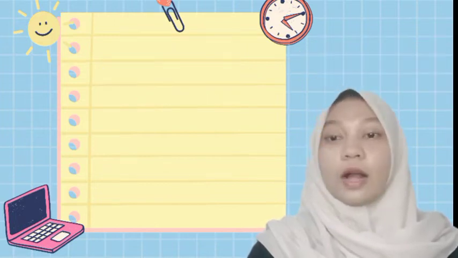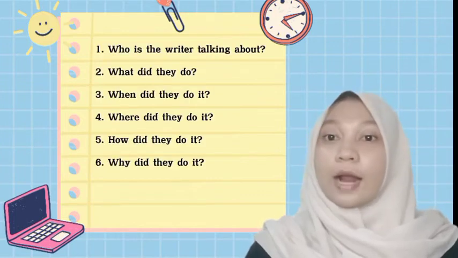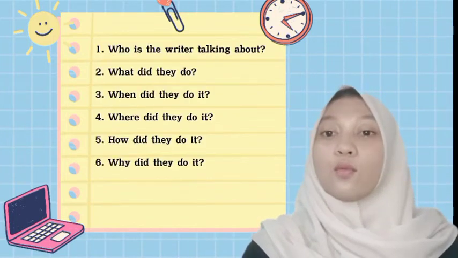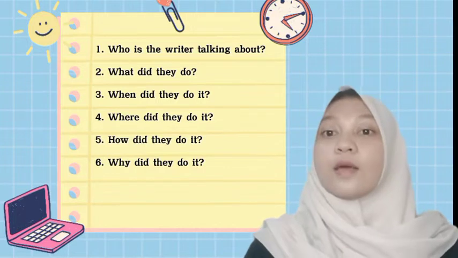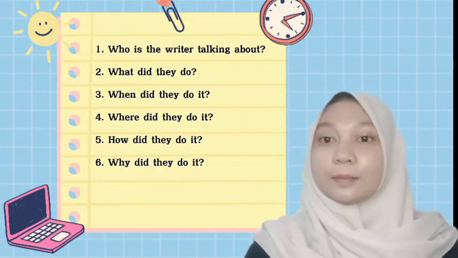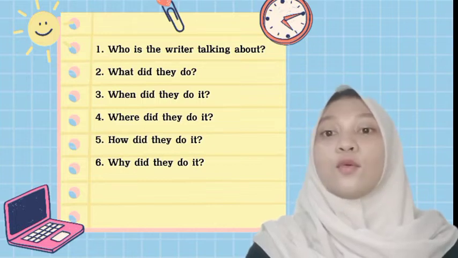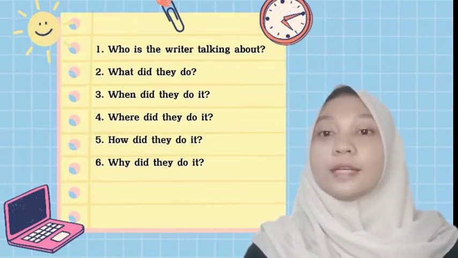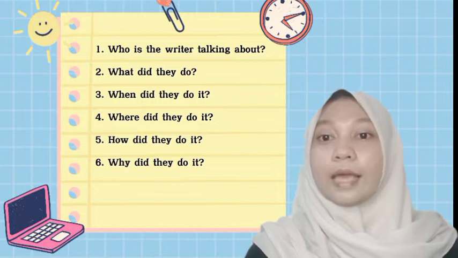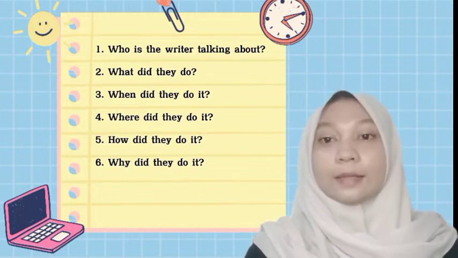They will look for answers to: Who is the text talking about? What did they do? When did they do it? Where did they do it? How did they do it? And why did they do it?